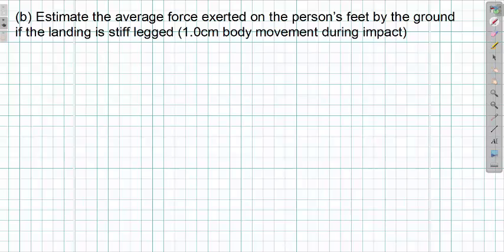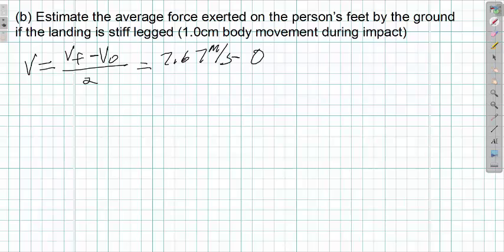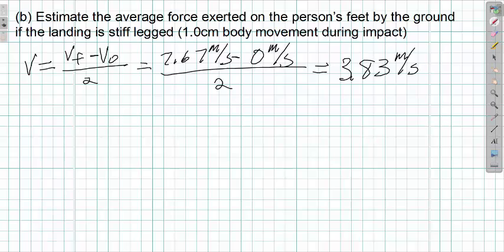So our velocity is going to simply be the average velocity, v final minus v initial all over 2. And that would be 7.67 meters per second minus our 0 meters per second divided by 2, which will equal 3.83 meters per second.